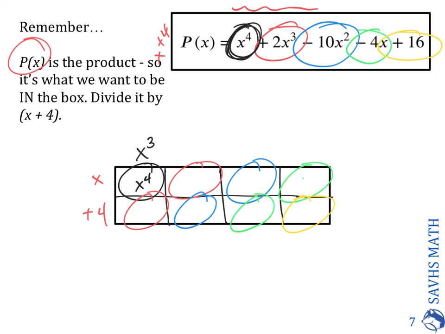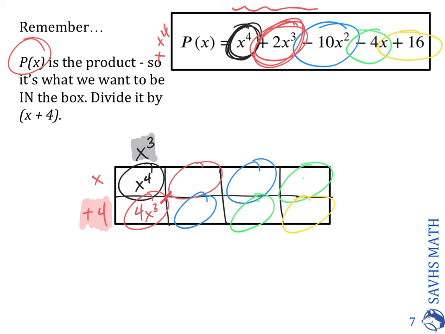So if this has to be x cubed, then x cubed times 4 gives you 4x cubed. But I don't want 4x cubed, I want 2x cubed. So between these two boxes, I need to get 2x cubed.